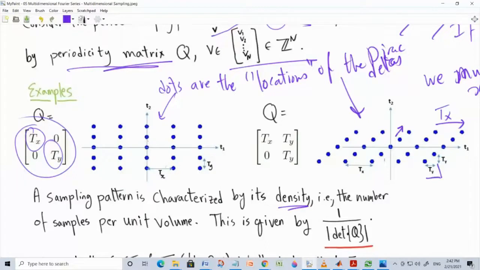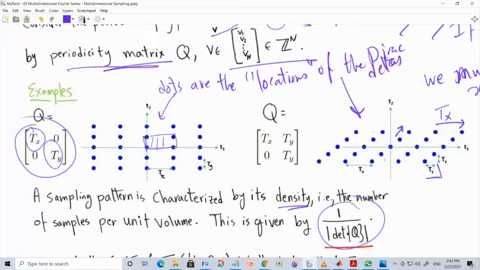You basically take a fundamental cell. What is the volume of the fundamental cell? It's basically the magnitude of the determinant, and so you take one sample per fundamental cell. So it is 1 over the absolute determinant of Q.